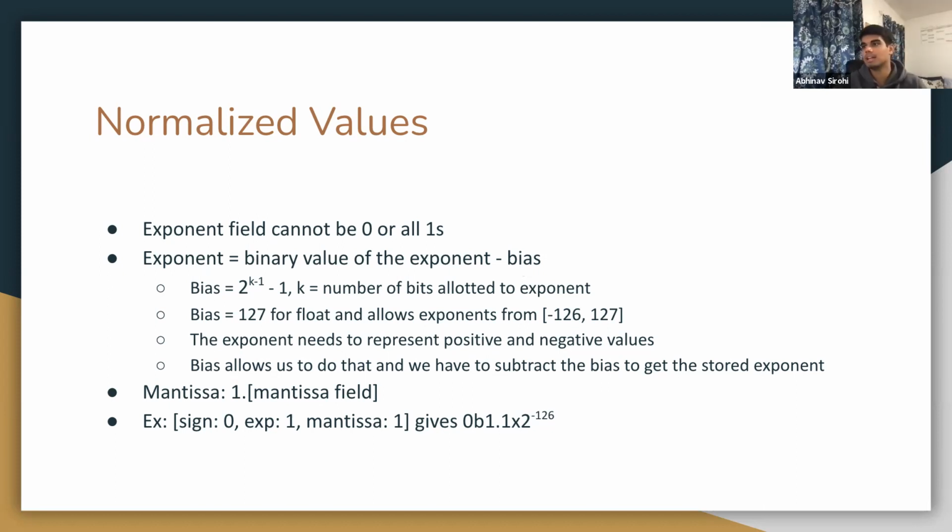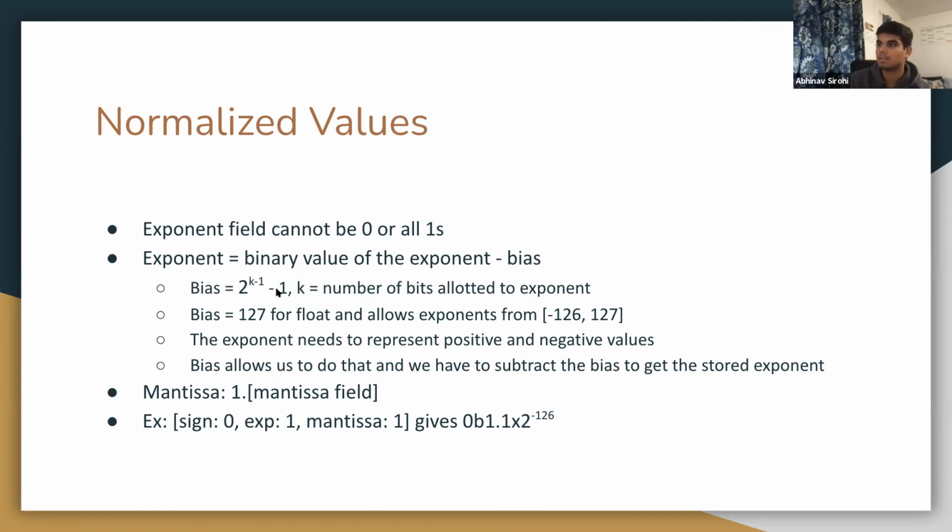And in order to do that, the binary number would only allow us to store the positive numbers. So what we do is we subtract the bias from it, which is represented by this formula based on the number of bits we're using.